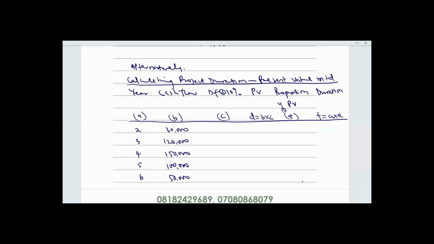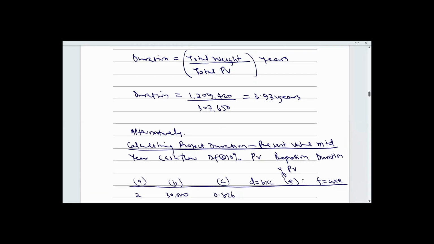So discount factor 0.826, 0.751, 0.683, 0.621, 0.564.